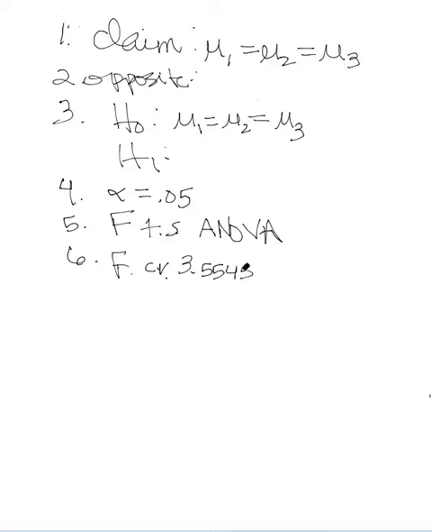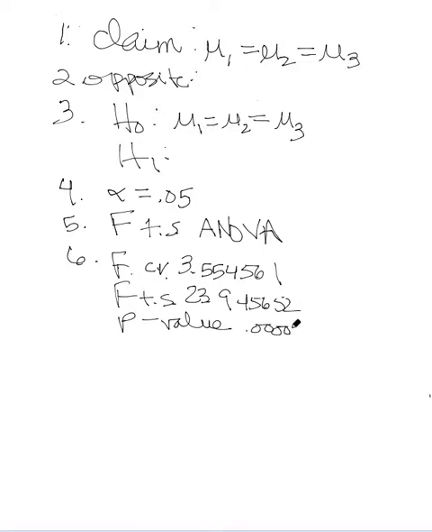Right before that is the F test statistic is 23.9, and the P value is given in the far right column as 0.000008.